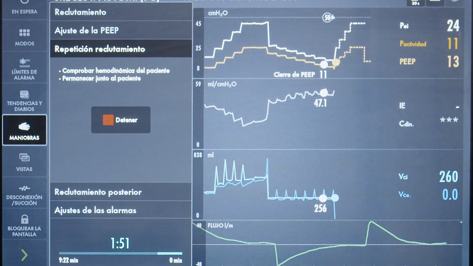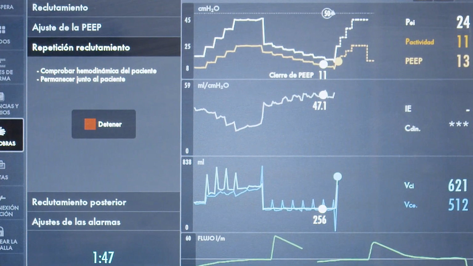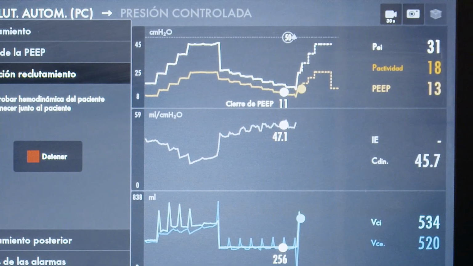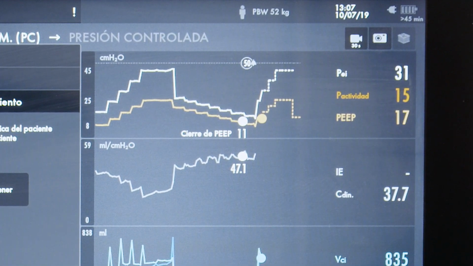So now the compliance has started to decrease, and the system has been able to identify the maximum compliance, which was identified at a value of 47, and that corresponds to a PEEP level of 11. So now the system will recruit again with a stepwise increase in pressure, performing the same recruitment maneuver, a little shorter in time than the first recruitment maneuver.